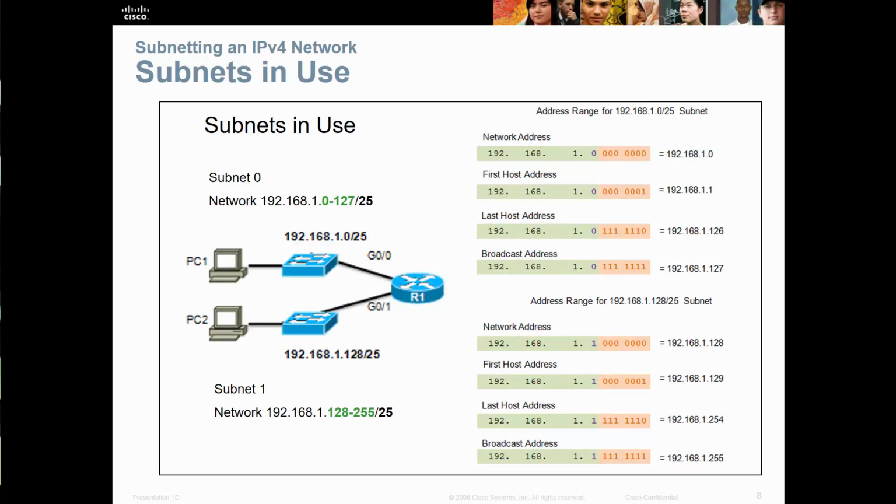So how do we get our usable? So if we know we can use between 0 and 127, that's our ID. That's our broadcast. That means the range is anything between those two numbers.